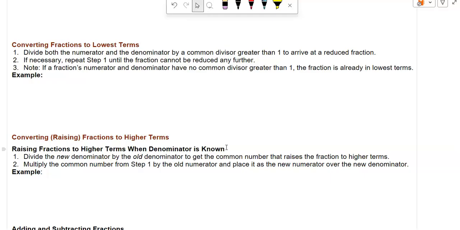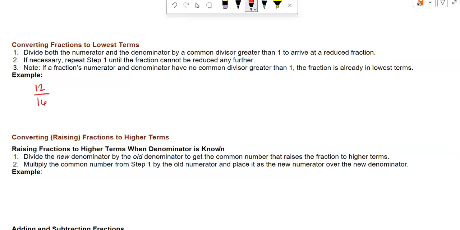Okay, sometimes we'll need to convert fractions to lowest terms. And let's say we have 12/16. Step 1 tells us to divide both the numerator and the denominator by a common divisor greater than 1 to get to a reduced fraction.